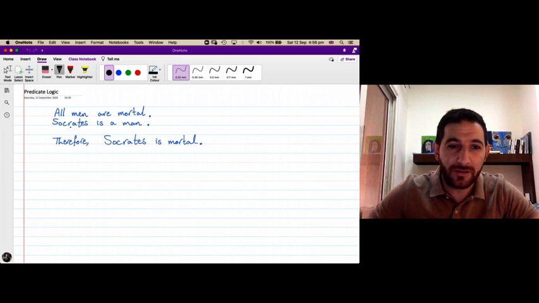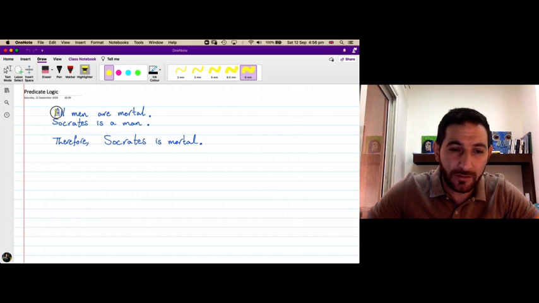For example, look at this argument which says: all men are mortal, Socrates is a man, therefore Socrates is mortal. Notice here we have the word "all", so we are talking about all men. We have some properties of the objects, for example being mortal or being a man, and also the word "therefore".